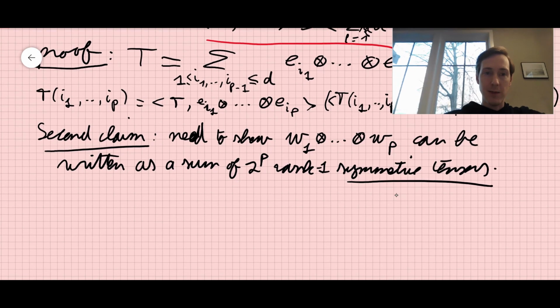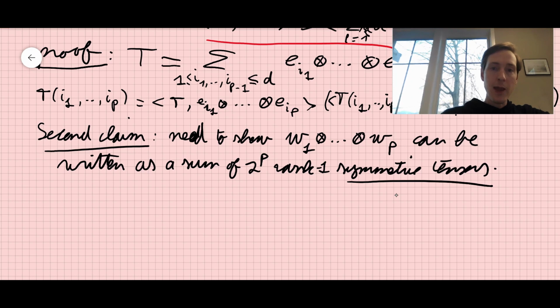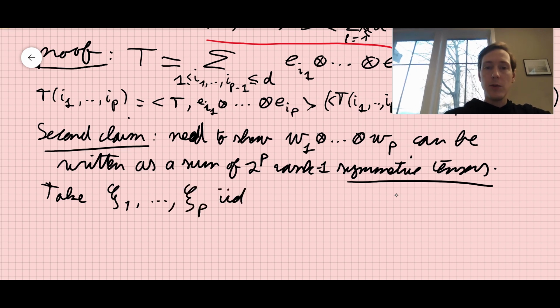So here is the proof of this fact. It's a nice proof, I think. It's a very simple probabilistic construction. So take psi1 up to psi p, IID random signs.